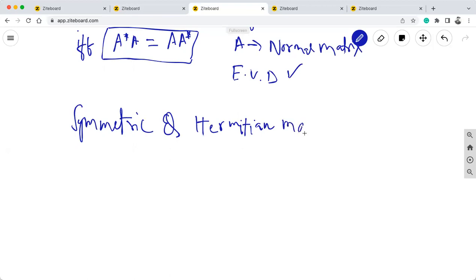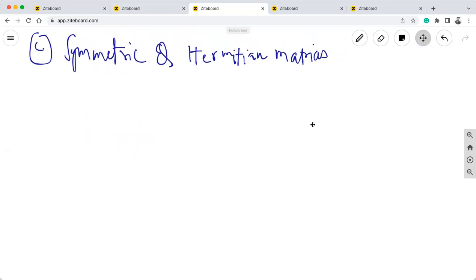If any matrix A equals the transpose of A, then we say it's a symmetric matrix.